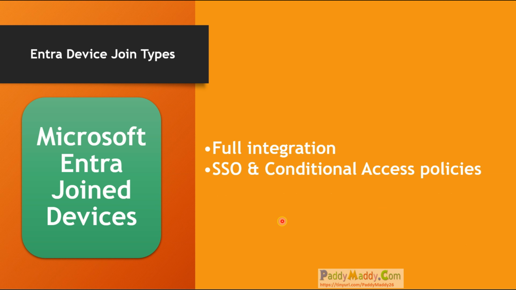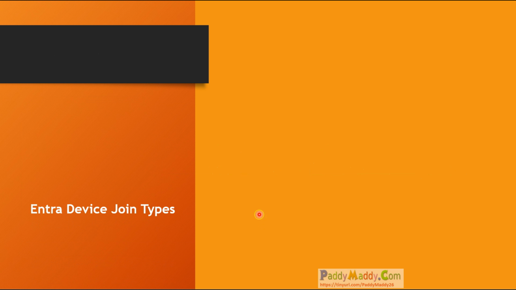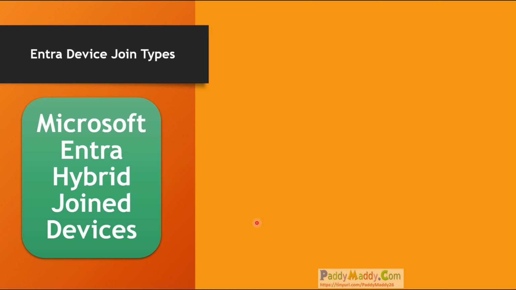So you can have full-fledged single sign-on and conditional access policies can be applied. You also get seamless access to your Azure and Microsoft 365 resources with the help of Microsoft Entra joined devices.